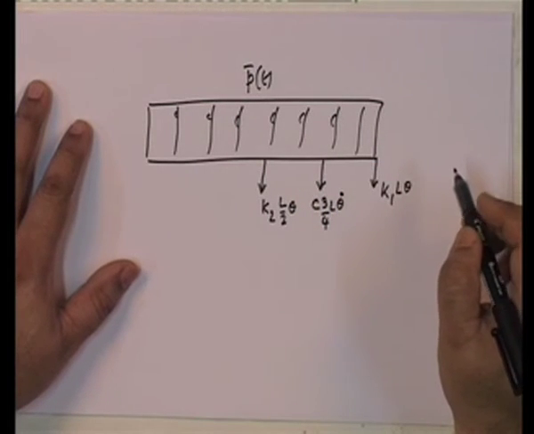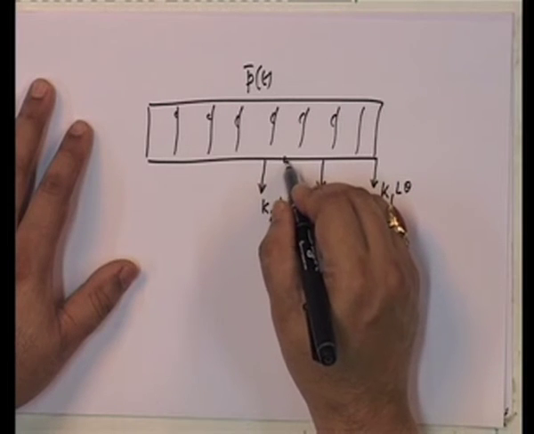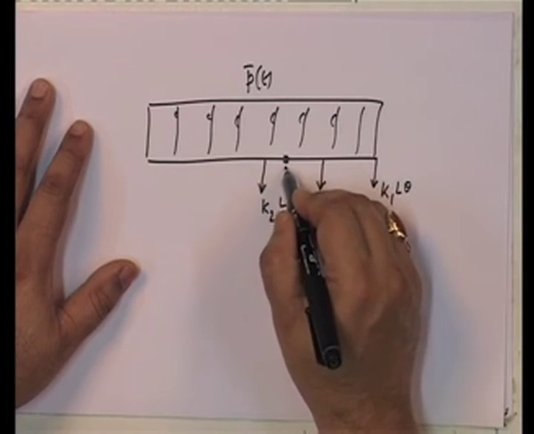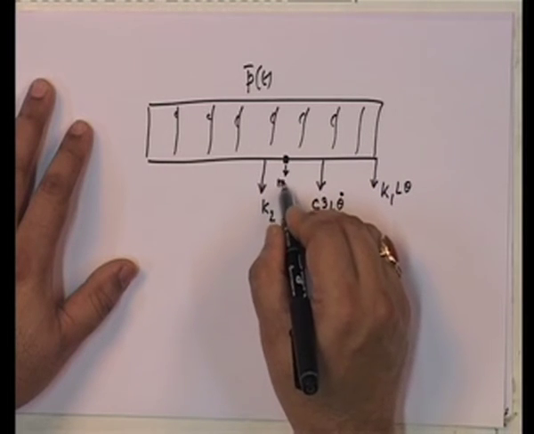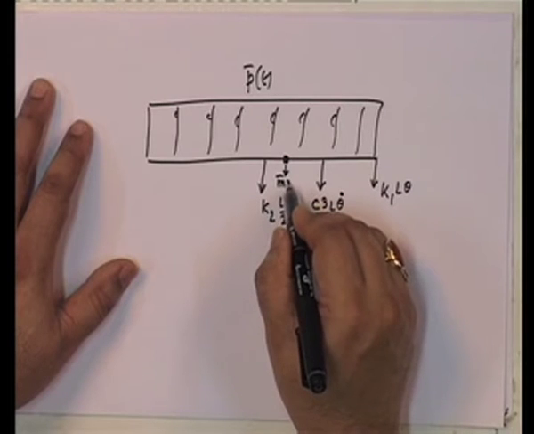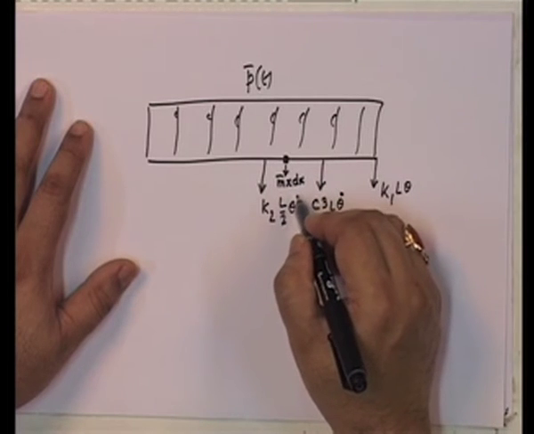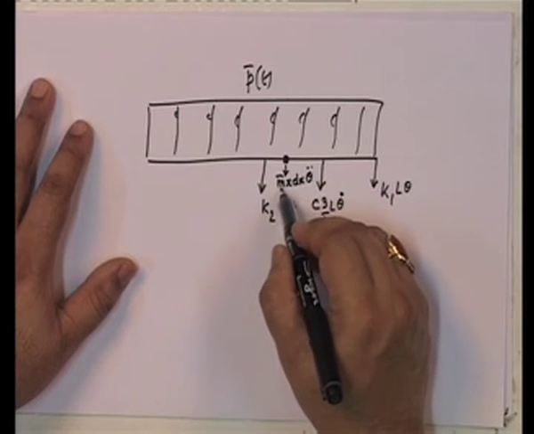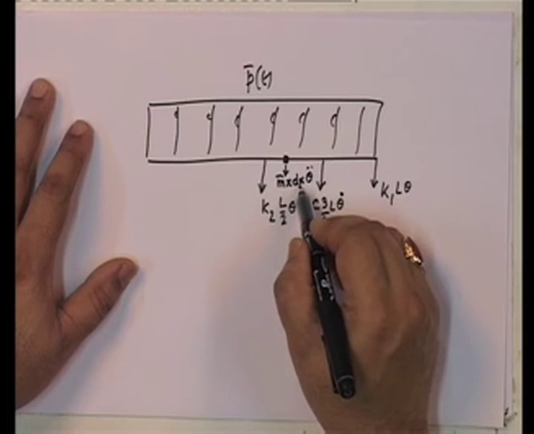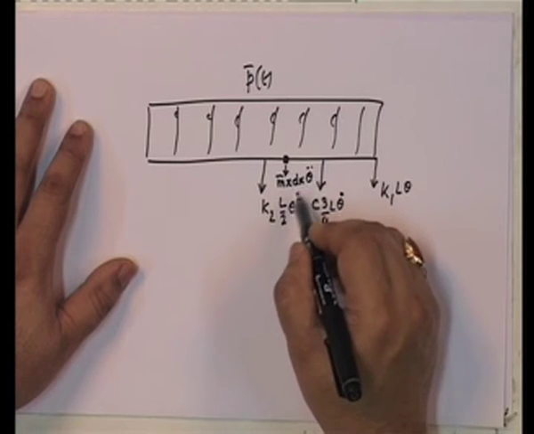In addition, as I said, you have the situation where an infinitesimal length, and this is equal to M bar dx times x theta double dot, because M bar dx is the mass, x theta double dot is the acceleration, the linear acceleration the mass sees.